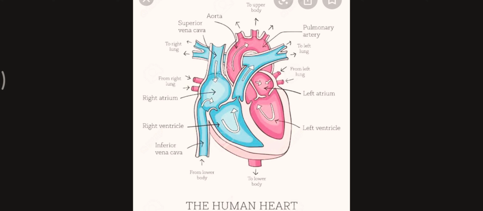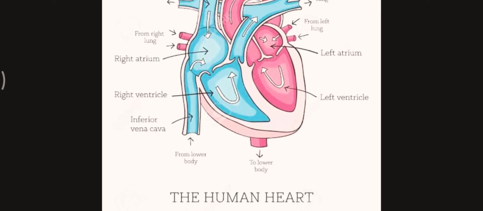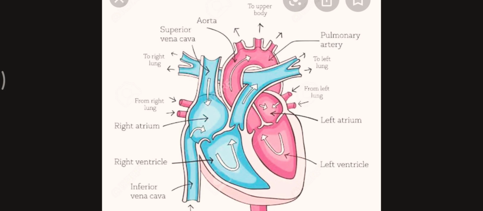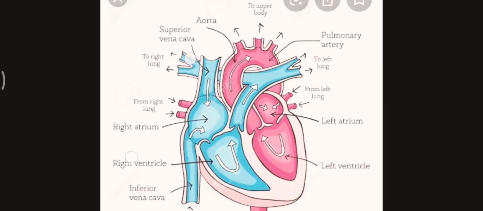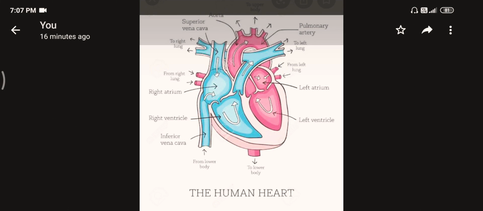And just now I told you that deoxygenated blood comes to the right side of the heart, so it comes to the right auricle. The inferior vena cava collects the deoxygenated blood from the lower body part, whereas the superior vena cava collects the deoxygenated blood from the upper body part and pours it into the right atrium chamber of your heart.